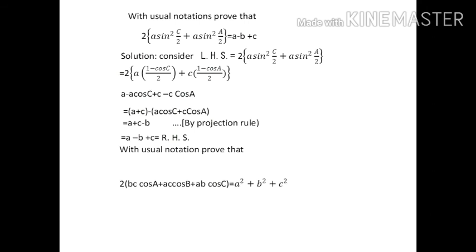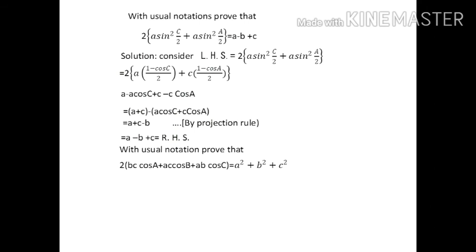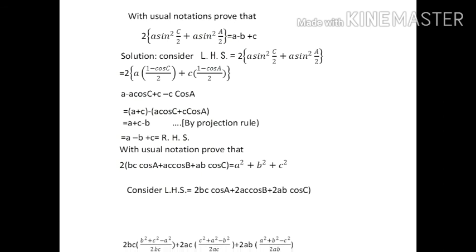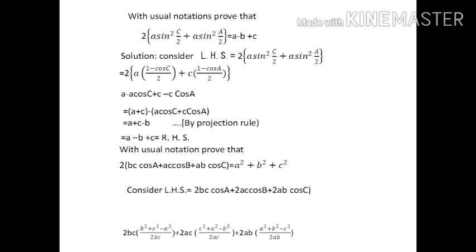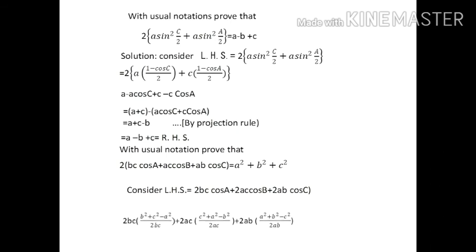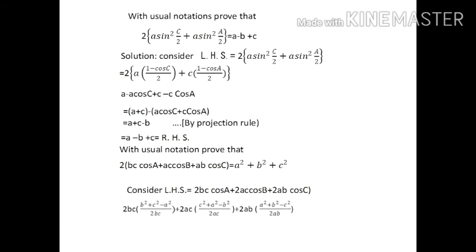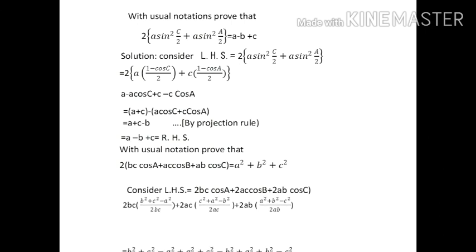Solution. Here consider LHS: 2bc cos A plus 2ac cos B plus 2ab cos C. Here putting the value of cos A, cos B and cos C using cosine rule, we get 2bc(b square plus c square minus a square)/2bc plus 2ac(c square plus a square minus b square)/2ac plus 2ab(a square plus b square minus c square)/2ab.